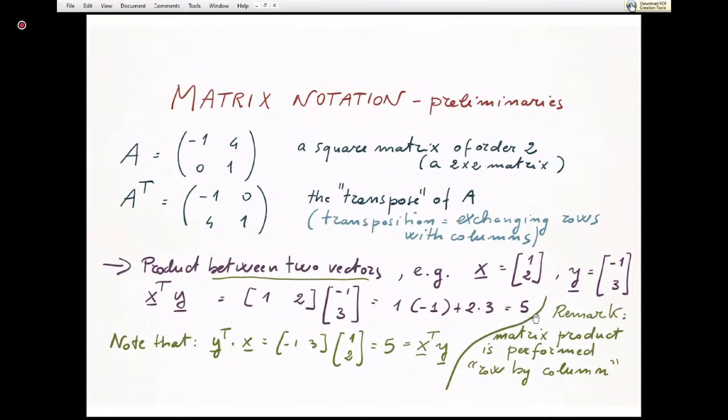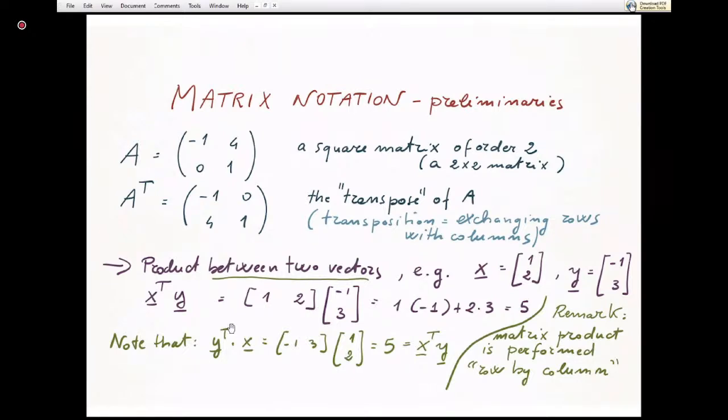This is the product between the 2 vectors X and Y using the notation of the matrix product, because this will be also the definition of the product between 2 matrices.